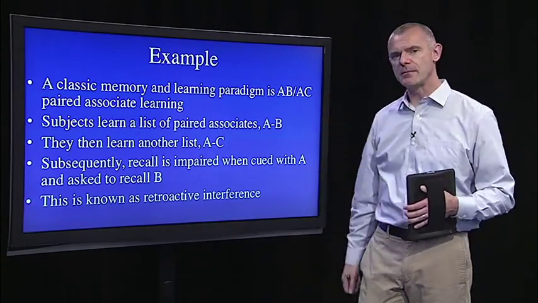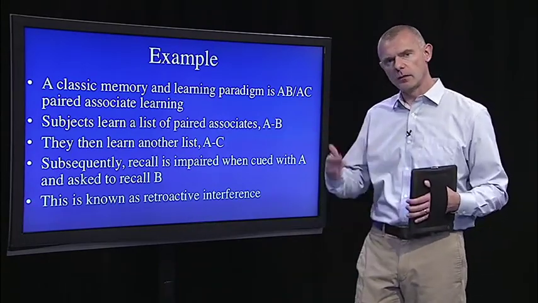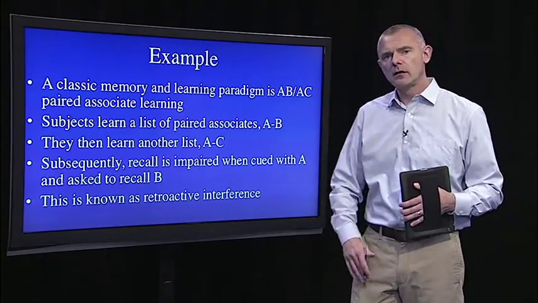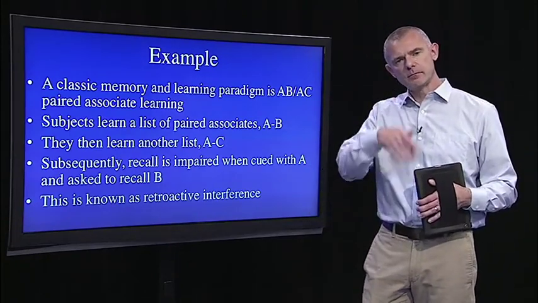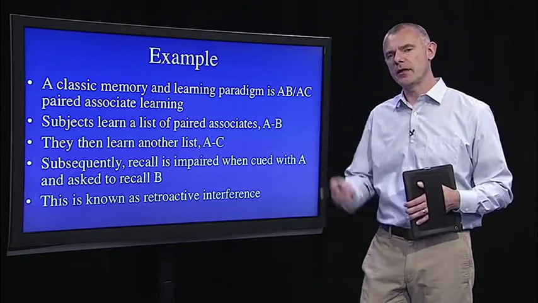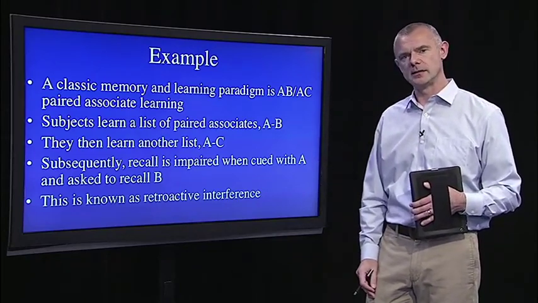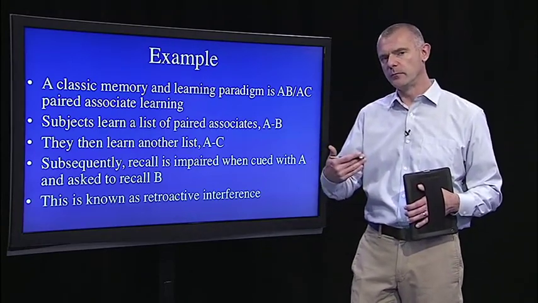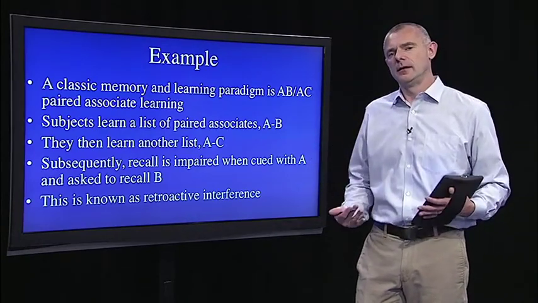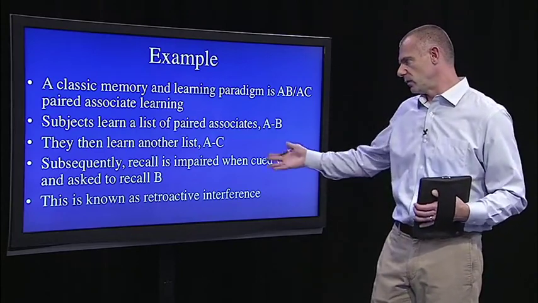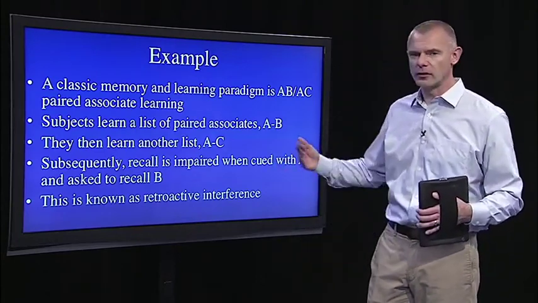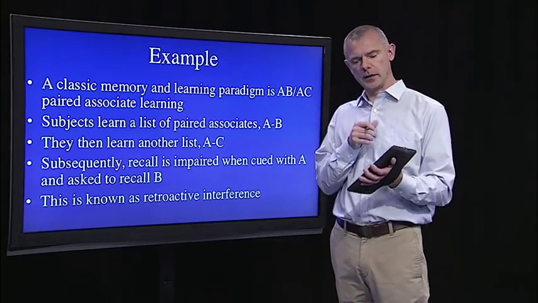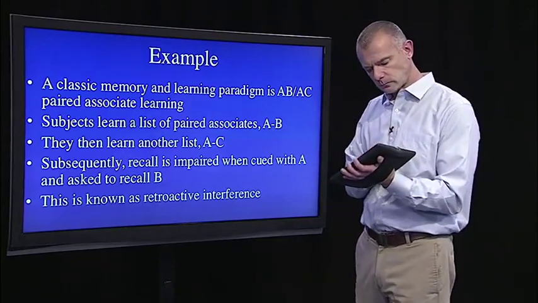I'll just call that the AB list. And they learn them all to pretty high accuracy. Then they learn another list, the same list of words A, but now they have to pair them with new words, so I'll call that AC. Then their subsequent recall of B, if cued with A, is worse. There's interference, and that's called retroactive interference. It's a classic effect in cognitive psychology used to look at memory.